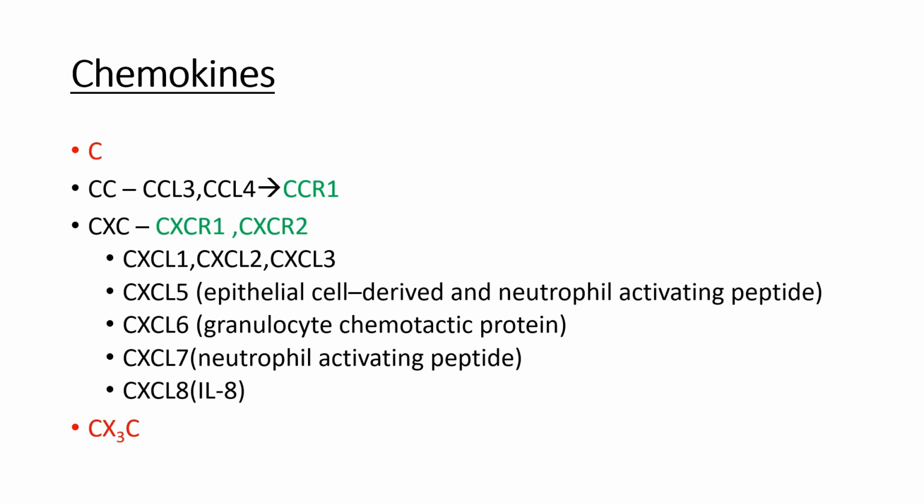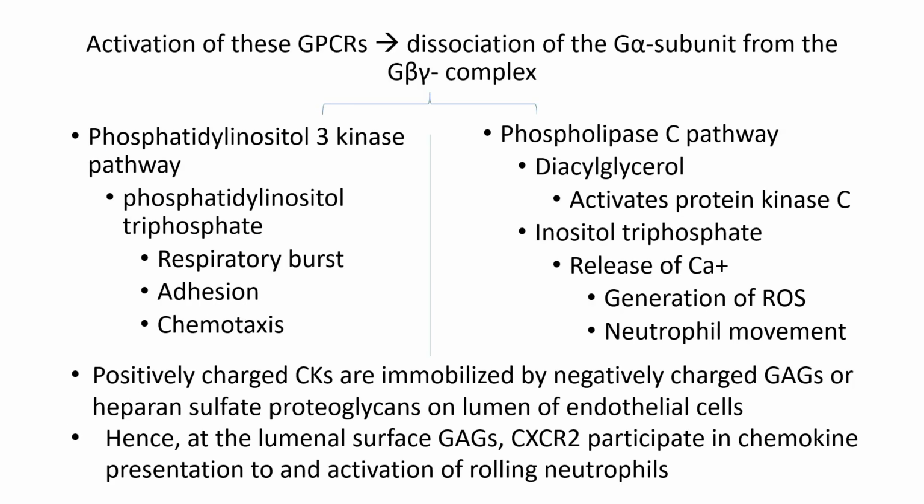Among CC, CCL3 and CCL4 activate CCR1 receptors on neutrophils and cause their migration. Among CXC, there are 8 different types of CXCLs, which would support neutrophilic activation and migration. They act by acting on CXCR1 and R2 receptors. By this we understood that leukotriene B4 has a major part in the activation and migration of neutrophils.